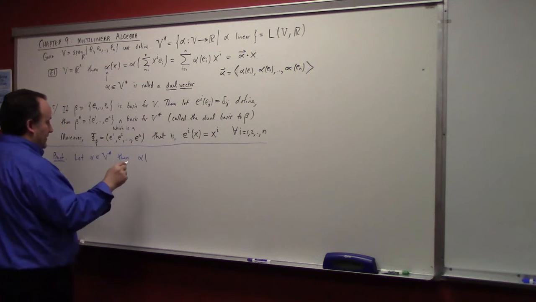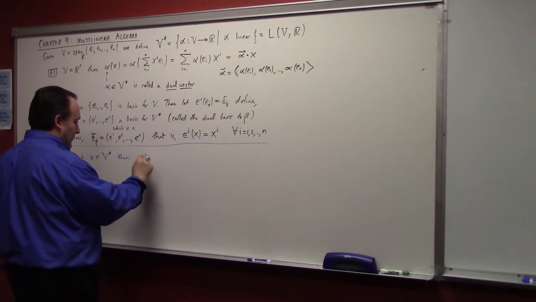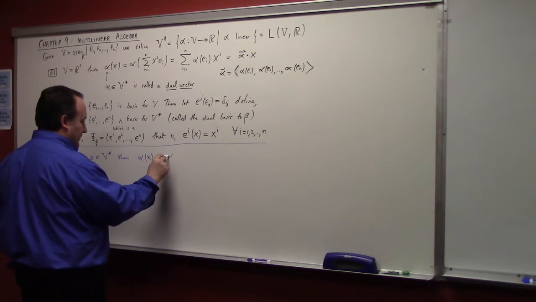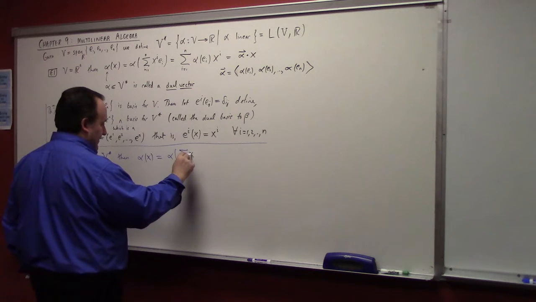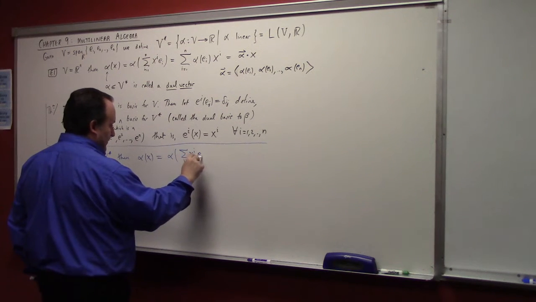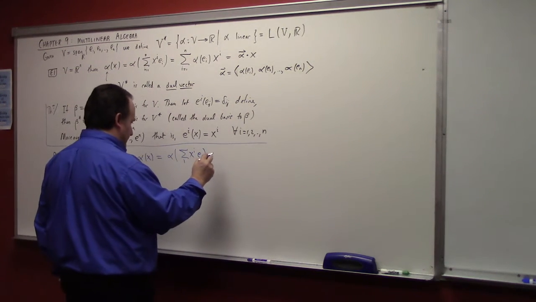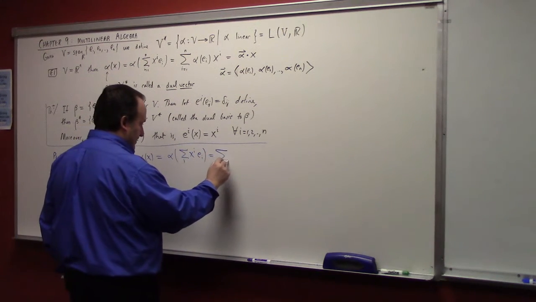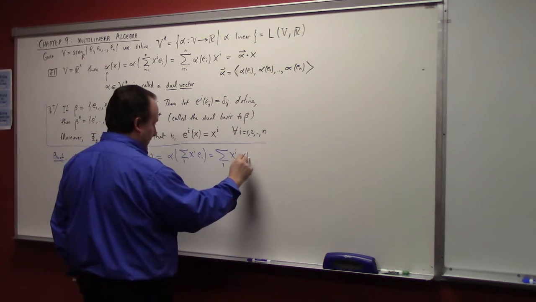Alpha of x is equal to alpha of the sum over i of x^i e_i, which is equal to the sum over i of x^i alpha of e_i.